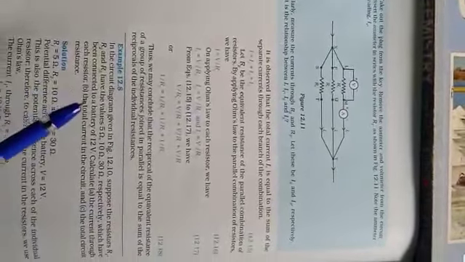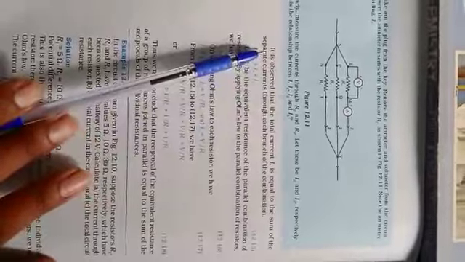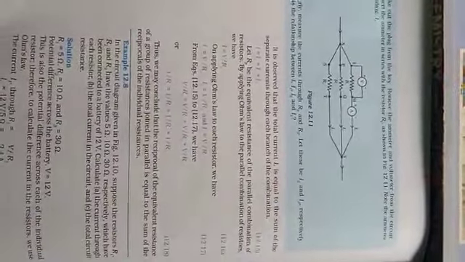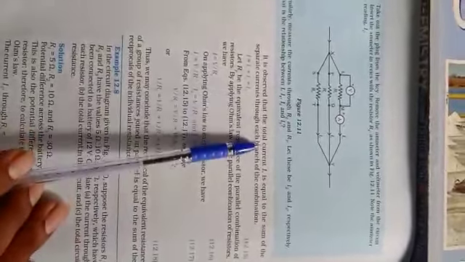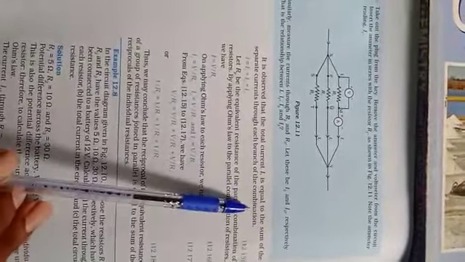From this question, we can go on to the next process in this topic. It is observed that the total current I is equal to the sum of the separate currents through each branch of the combination.